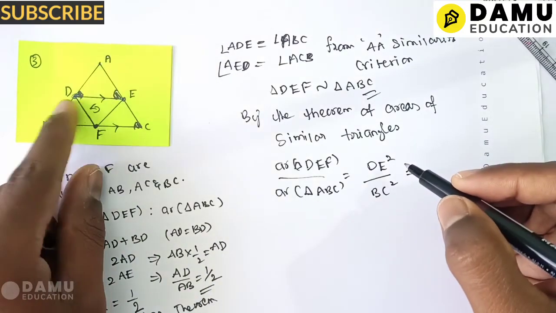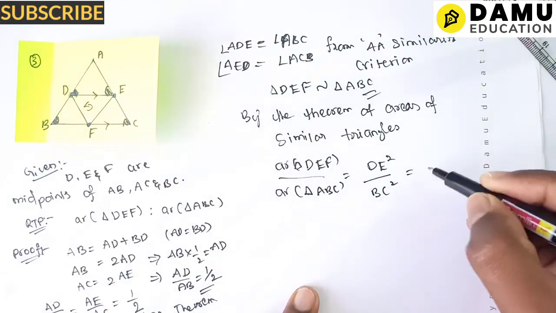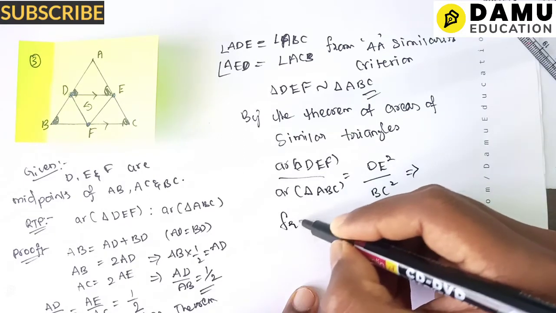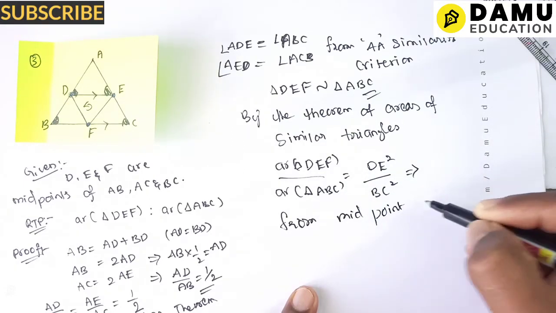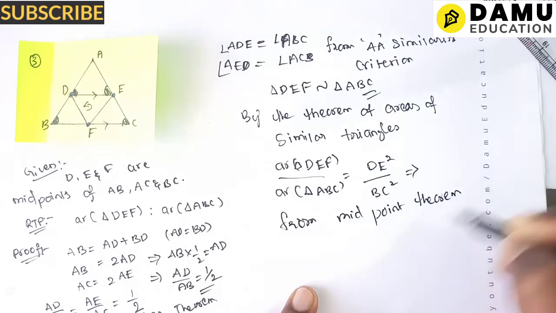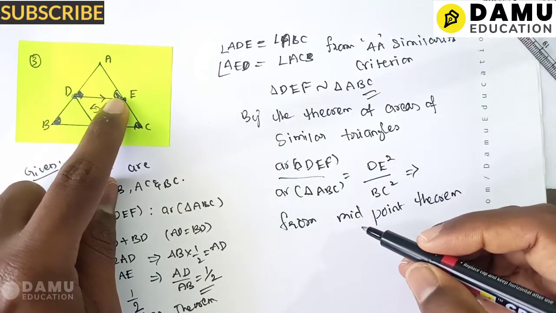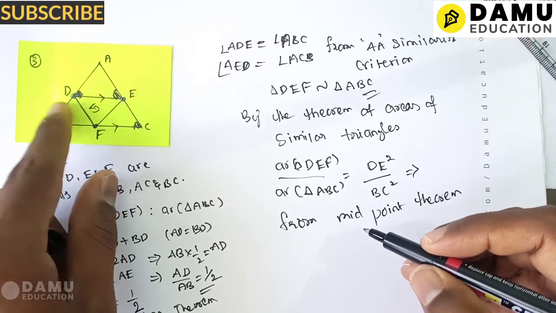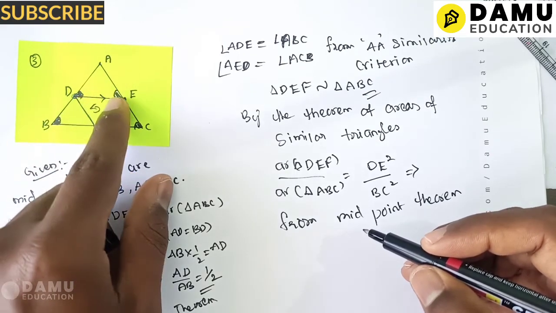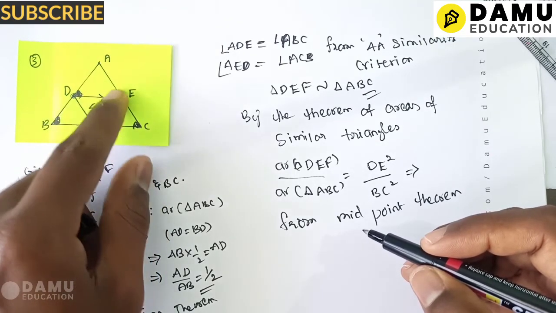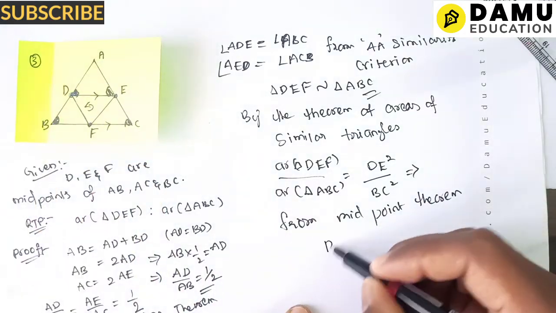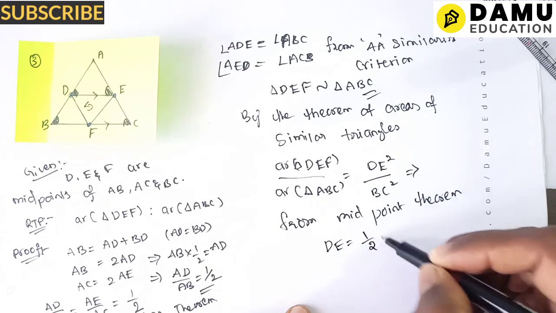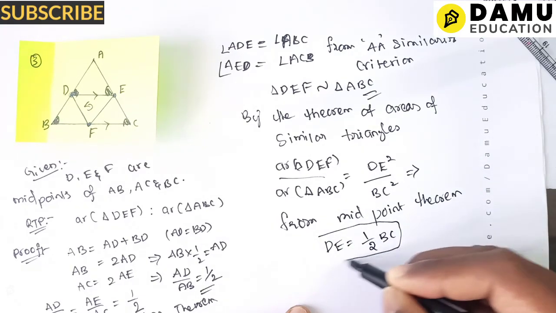Why? Because of the midpoint theorem of triangles: the line joining the midpoints of two sides is equal to half of the third side. That is, DE is equal to half of BC. So that is the midpoint theorem.